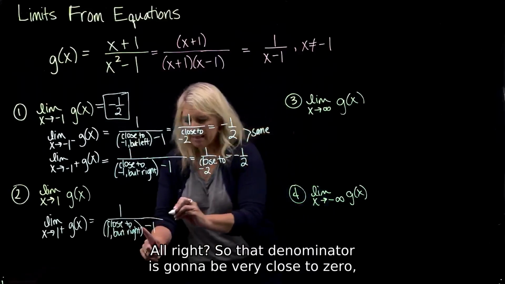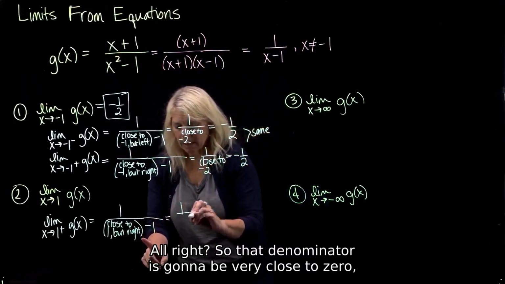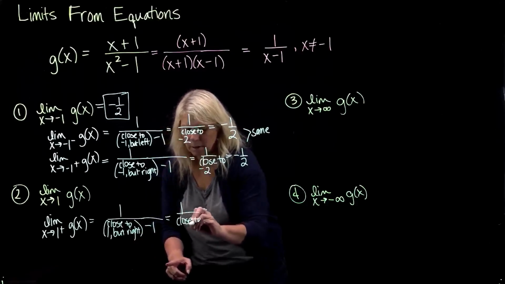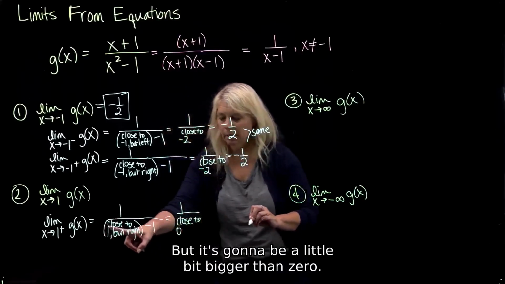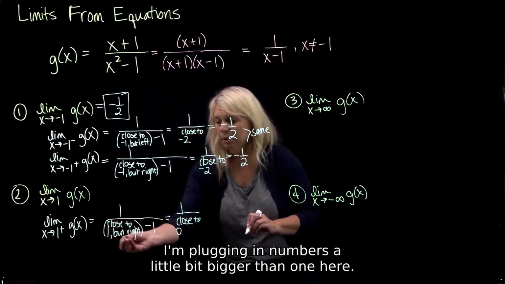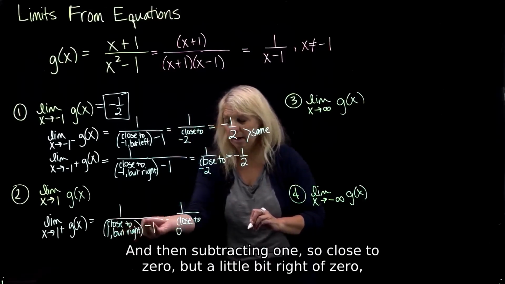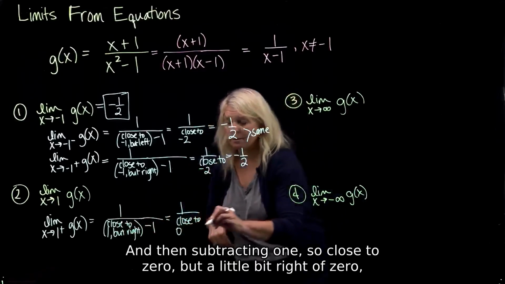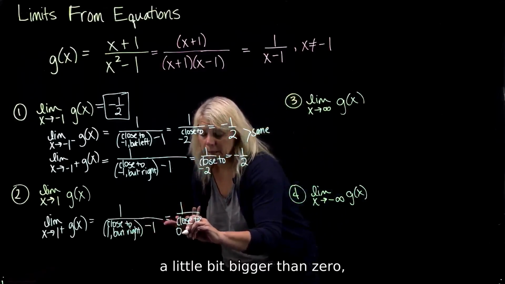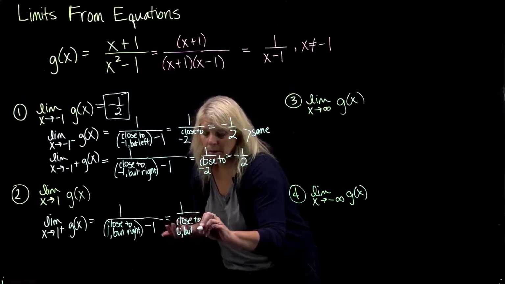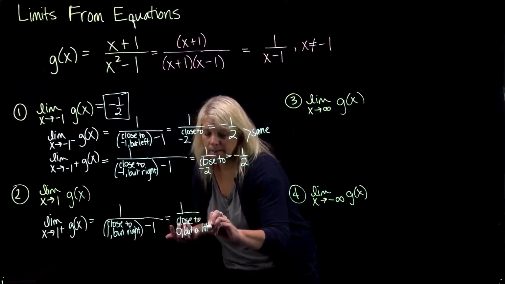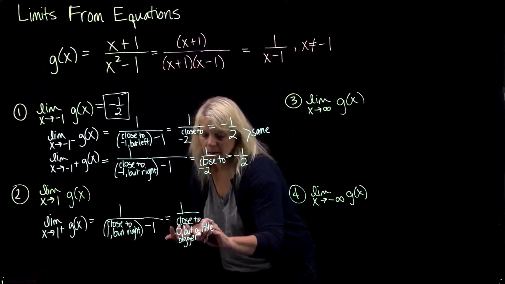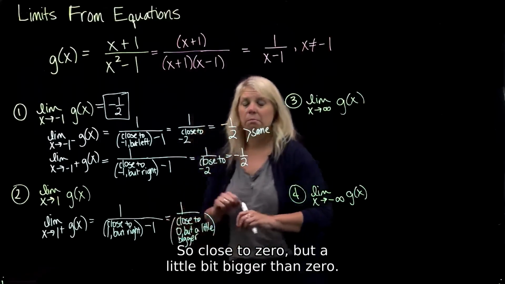All right, so that denominator is going to be very close to 0, not equal to 0, but it's going to be a little bit bigger than 0. I'm plugging in numbers a little bit bigger than 1 here, and then subtracting 1. So close to 0, but a little bit bigger than 0.